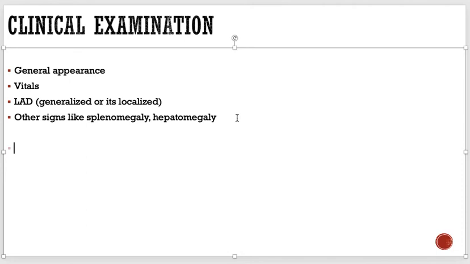There are many mnemonics to examine the lump: for any swelling, site, size, surface, color, consistency, temperature, tenderness, fixation to the underlying and overlying structures, and you can simply see the compressibility of that structure.